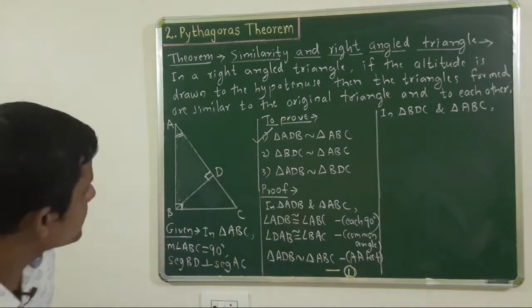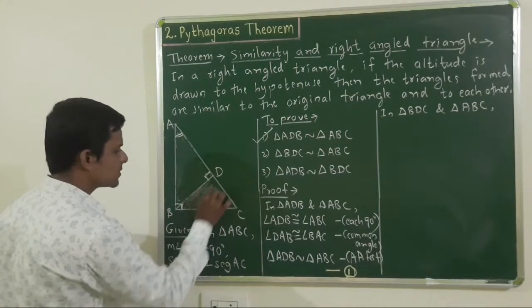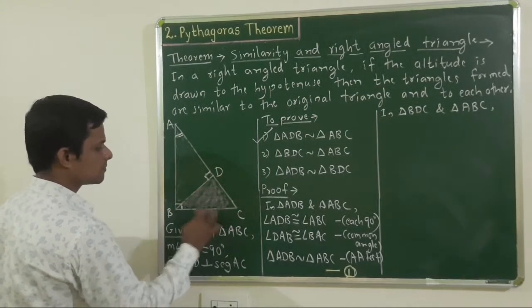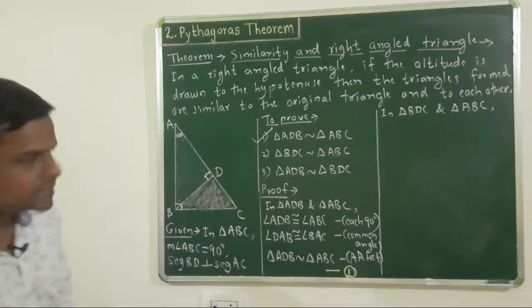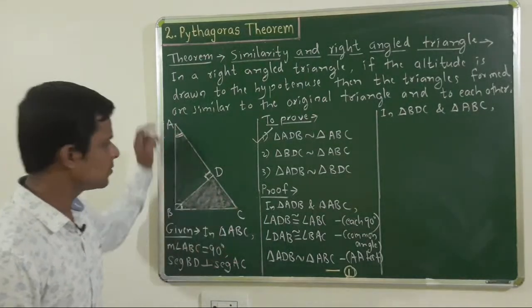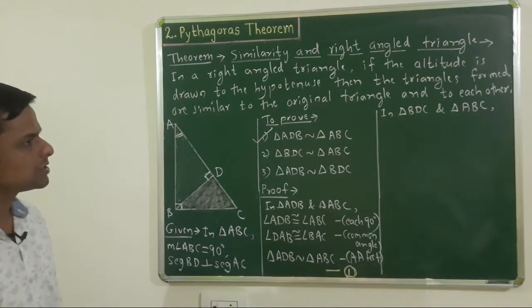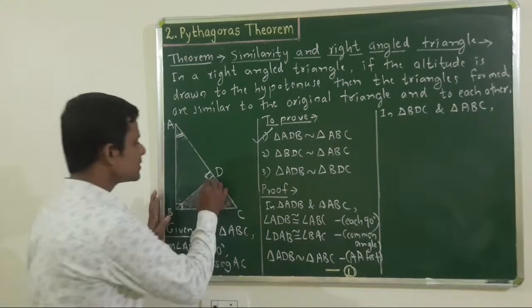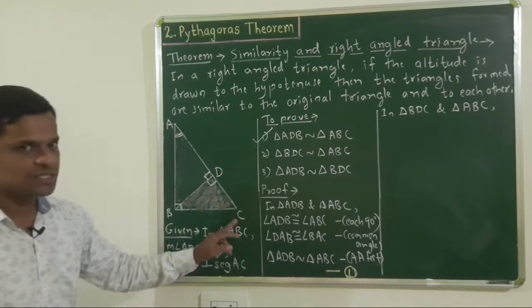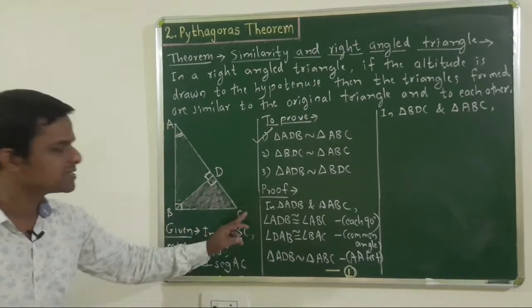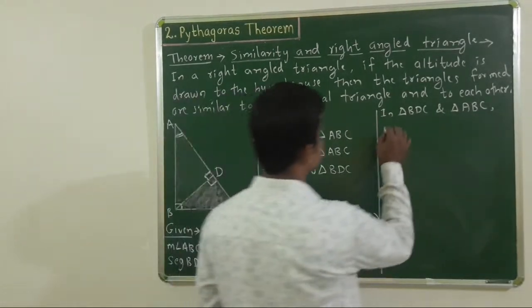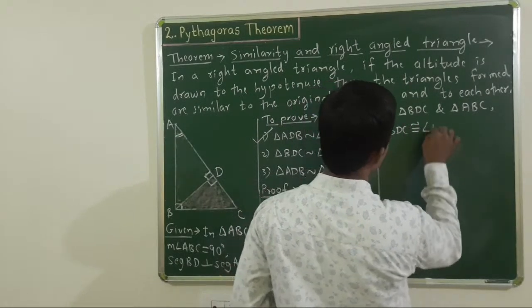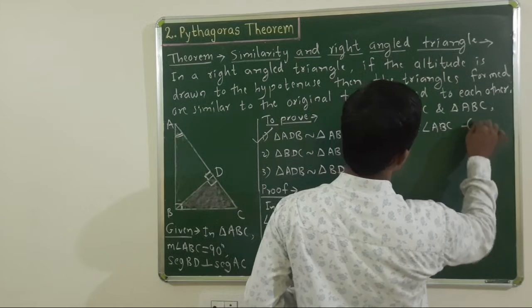Now observe these two triangles: BDC, this one, and ABC, the bigger original triangle. Again, what are the congruent parts in these two triangles? Angle BDC is a right angle, and angle ABC is a right angle. Therefore angle BDC is congruent to angle ABC, reason: each is 90 degrees.